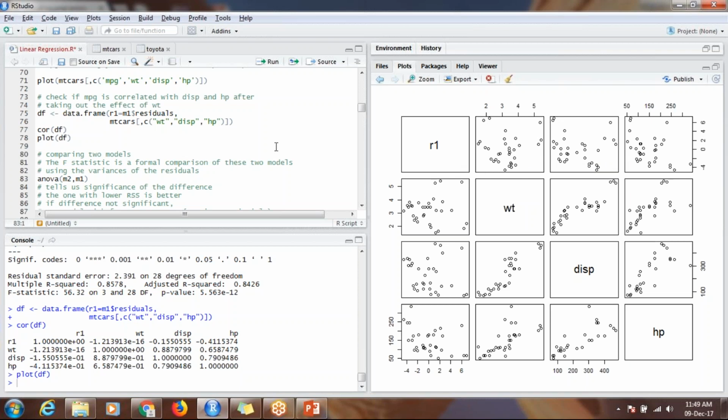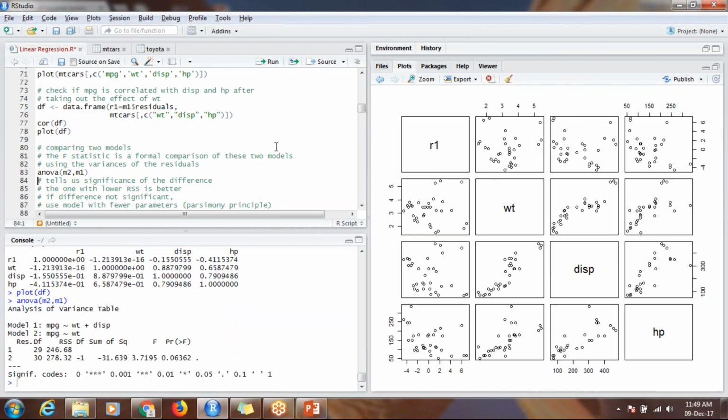Now, ANOVA is a good technique to compare two models. If I have stored my linear regression in two variables, then ANOVA can be used to see which one is more significant and which one is not. The statistics give a good comparison between the two models and tell us the significance of the difference.